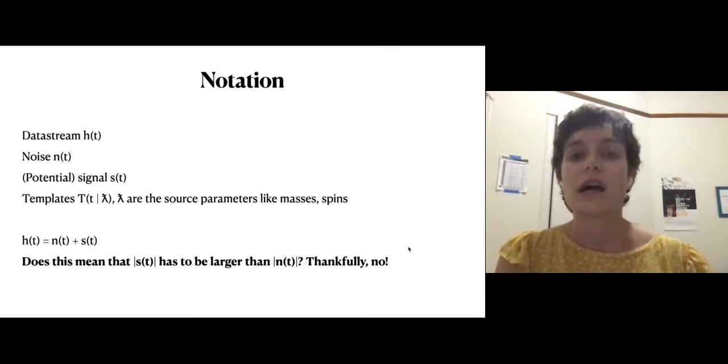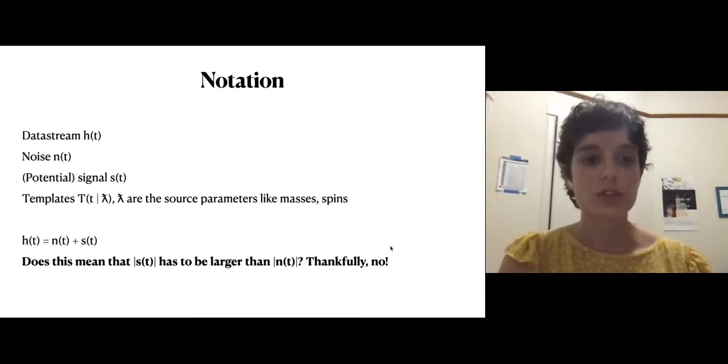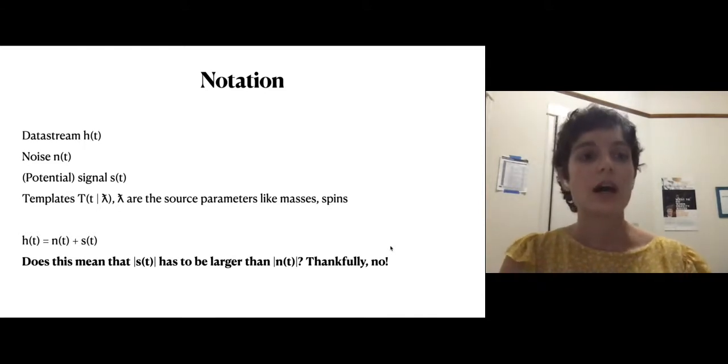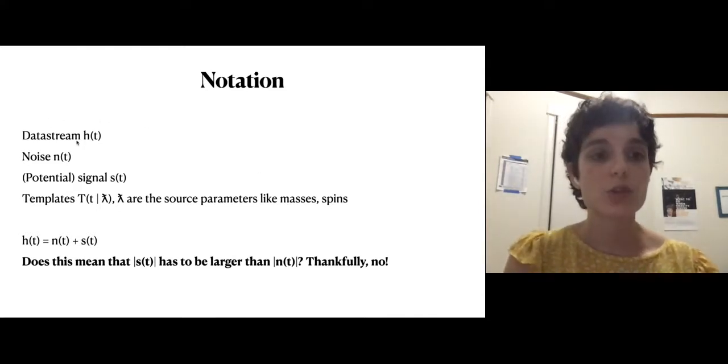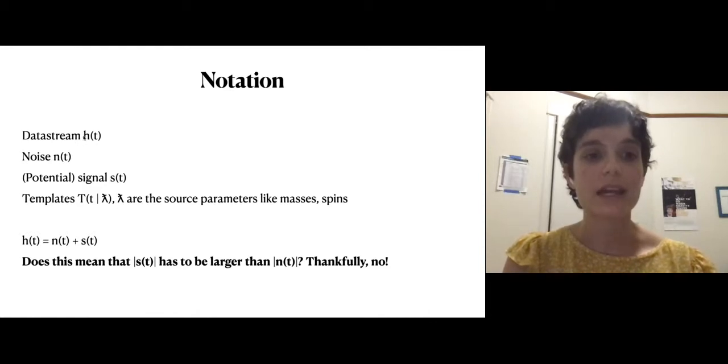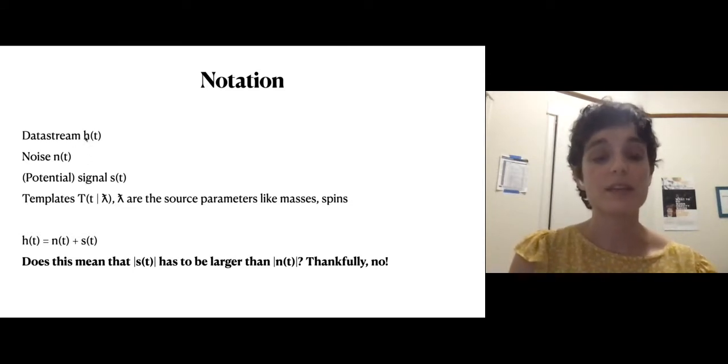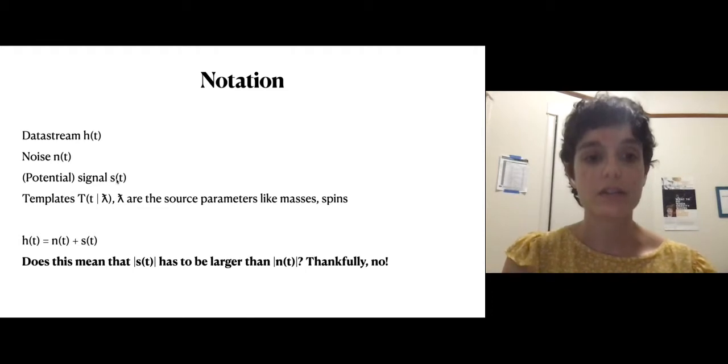Okay, so we already introduced some notation. Here's a little bit more notation. And so our data stream, as we saw, is denoted as H of t. This is strain as a function of time. We have some noise time series, which is N of t, and this signal, which may potentially be in this data stream, and the signal is denoted as S of t.